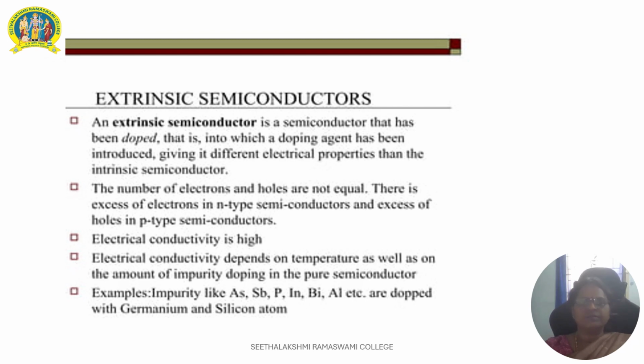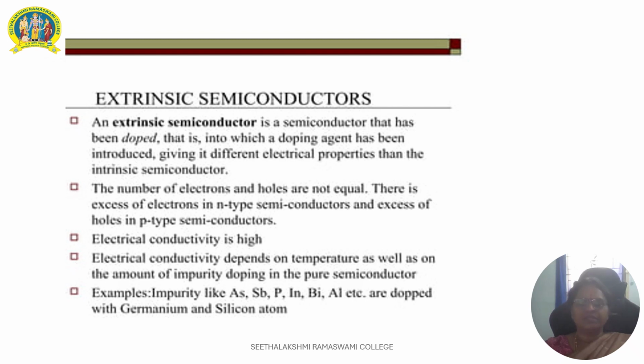The next type, extrinsic semiconductors. An extrinsic semiconductor is a semiconductor that has been doped, that is, into which a doping agent has been introduced, giving it different electrical properties than the intrinsic semiconductor. The number of electrons and holes are not equal. There is excess of electrons in N-type semiconductors and excess of holes in P-type semiconductors.